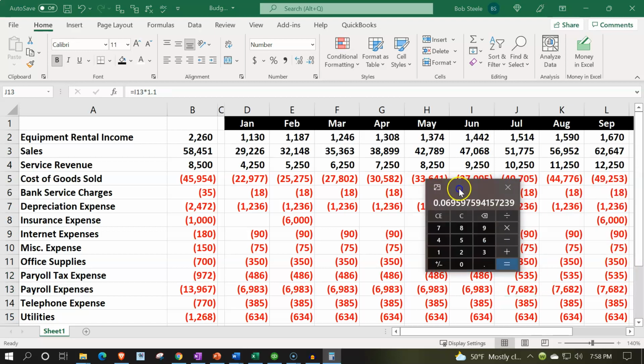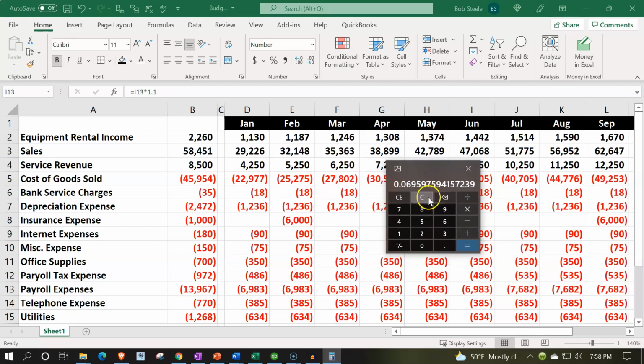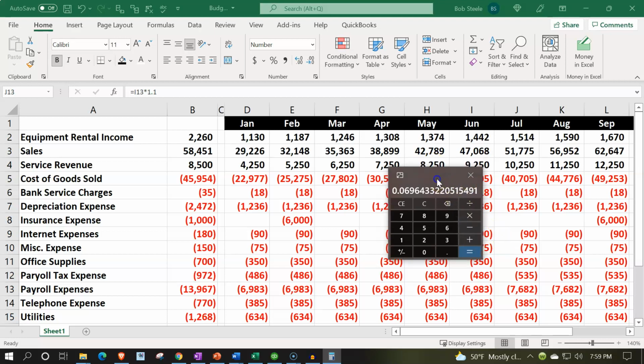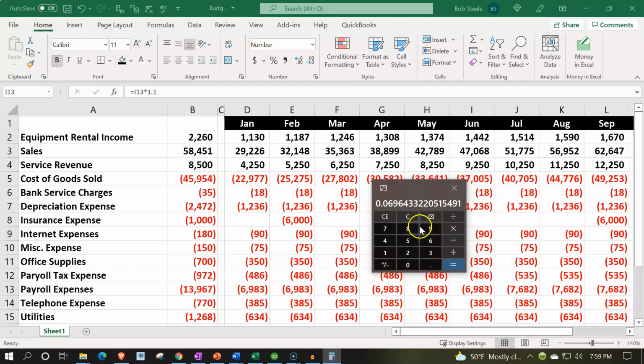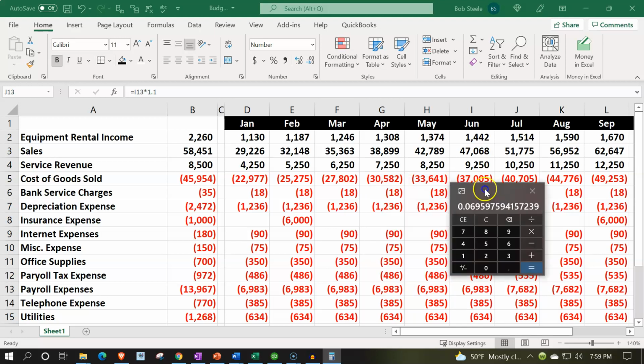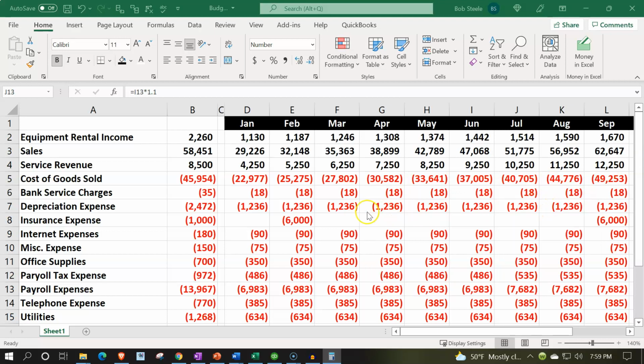Does that make sense? Because we got this number, 535 divided by the 7682, 0.0696. Is that the same? I can't remember. I think it is. 0.0696, and then 486 divided by the 6983, 0.0695. Close enough. So that's the payroll tax.